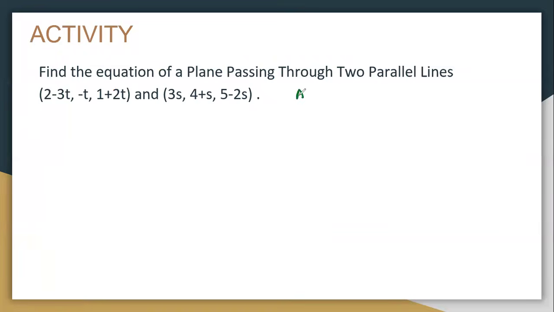No, AB is not a point. AB is a line. It's a vector. So if you are using a point, you must either use point A or point B or point C. This is a vector, it's not a point. Okay, teacher, thank you.